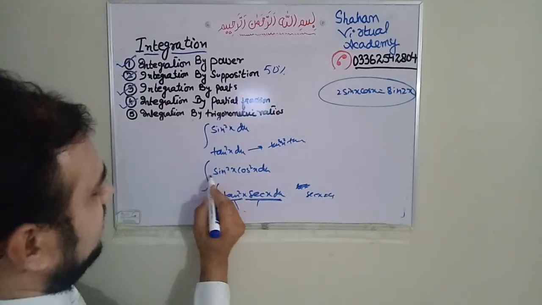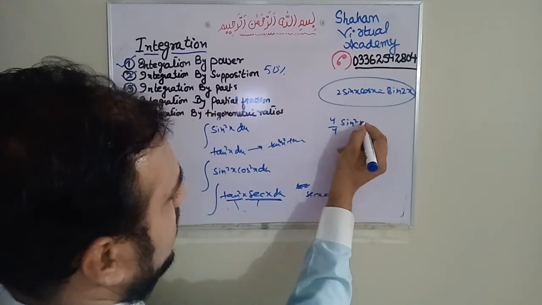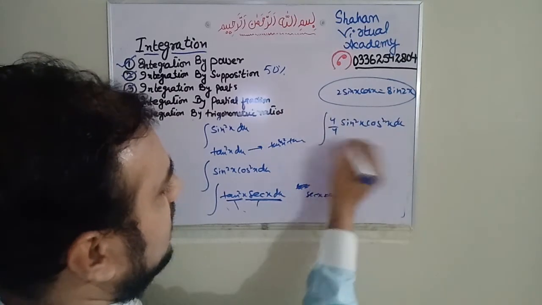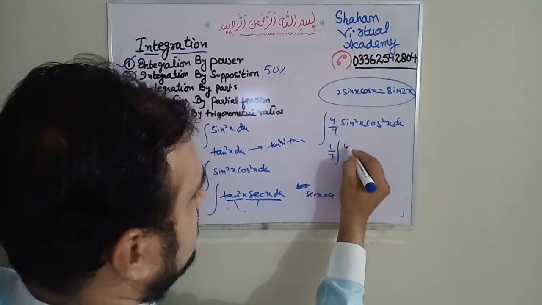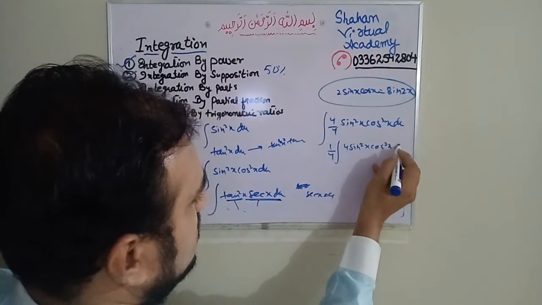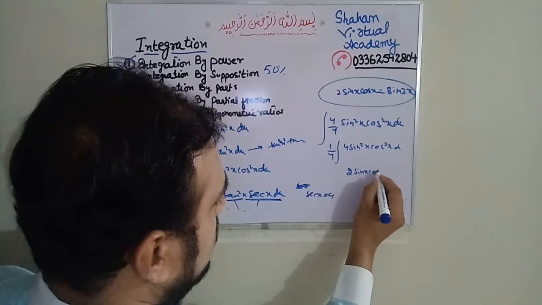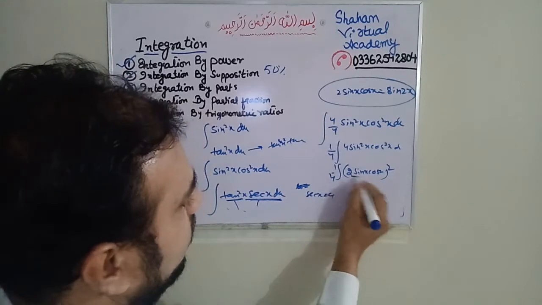We just apply 4 upon 4 sine square x cos square x dx. So what will happen when we take 1 over 4 and it's sine square x cos square x. Can we write it as (2 sine x cos x) whole square? Yes. So what does it become?